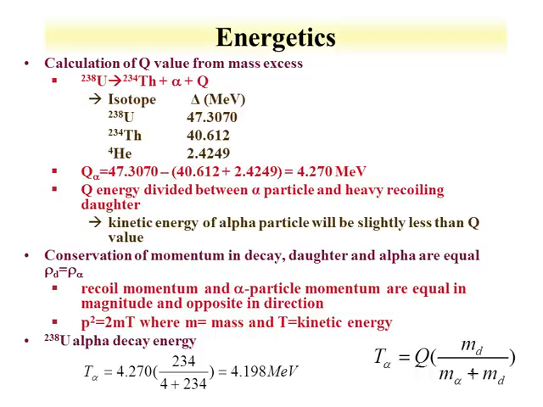We can see that the Q value is 4.27 MeV. Then we can plug this into our equation here to calculate the alpha decay energy from the Q value. We see that the Q value is 4.27 MeV and our alpha decay energy is 4.198 MeV.